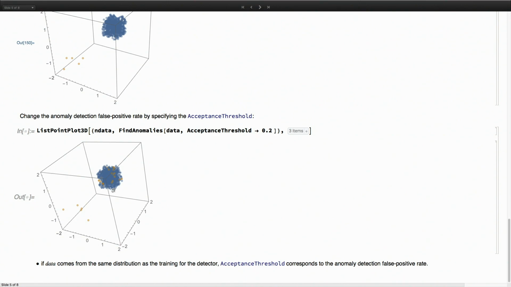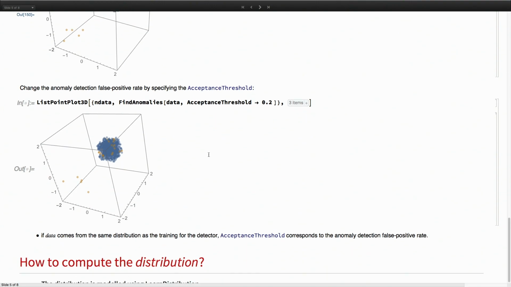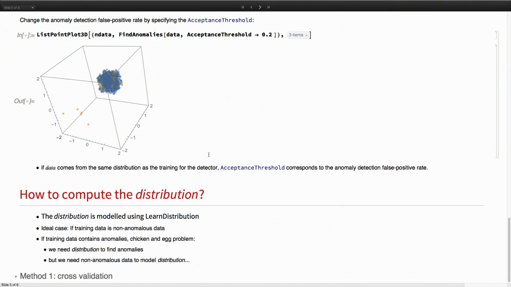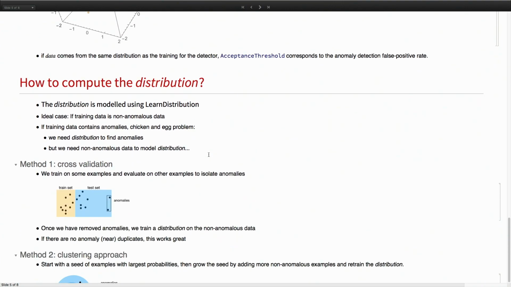In general, if data comes from the same distribution as the data for training your detector, this acceptance threshold would correspond to the false positive rate, that is, points that are normal but would be found as anomalies.